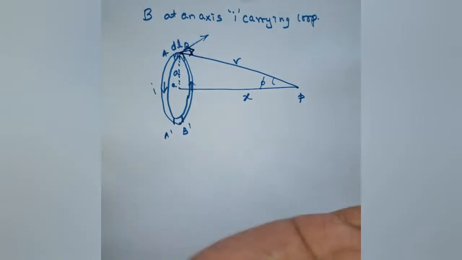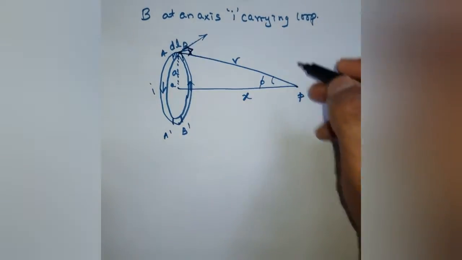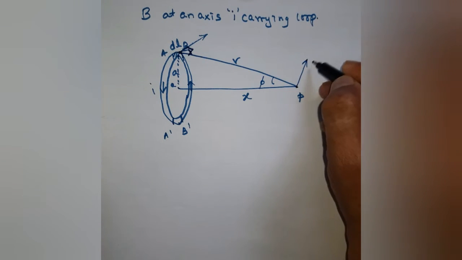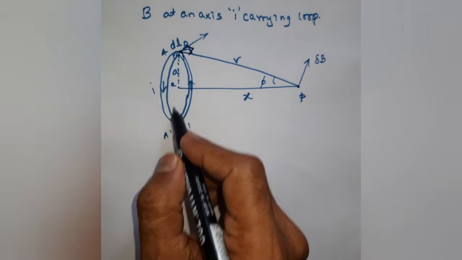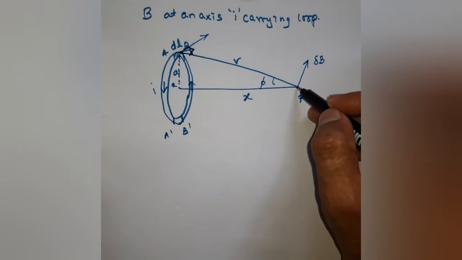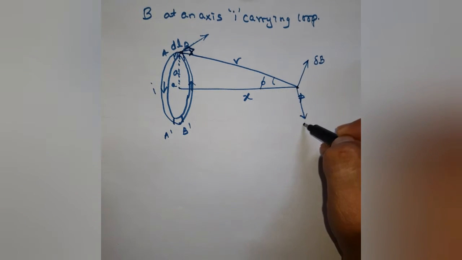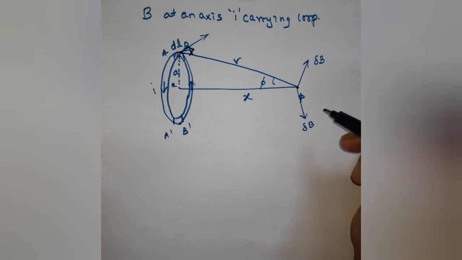If I curve the fingers, the direction of the magnetic field due to this will be like this. Let's say it's delta B. Same thing with respect to this element, it will be somewhere like this, delta B.